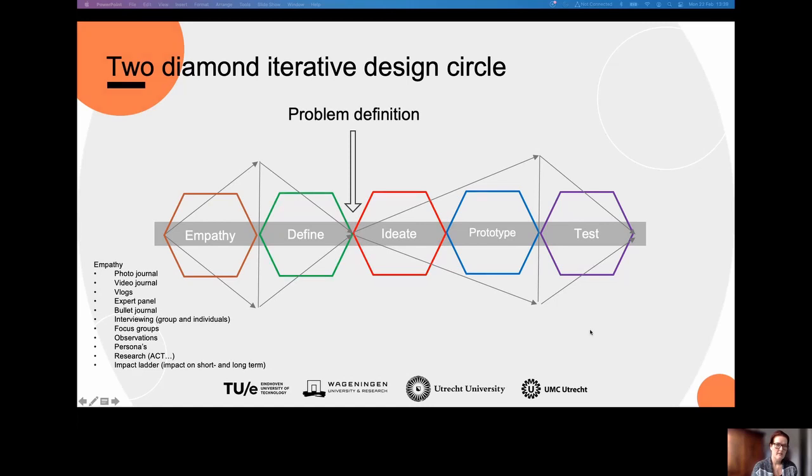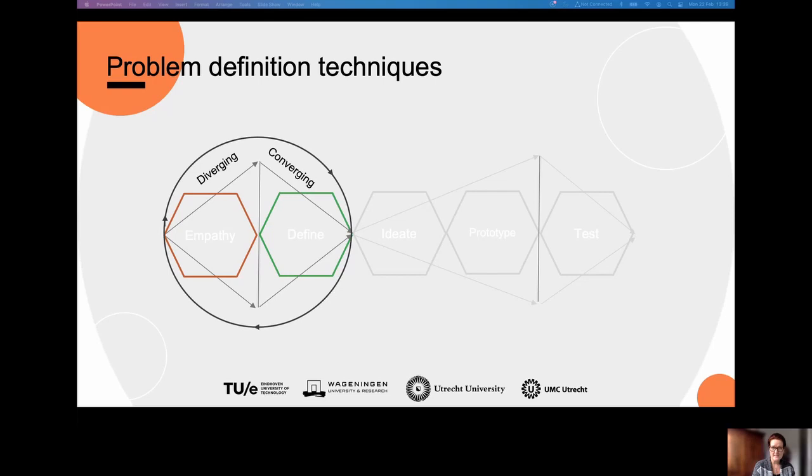And the two-diamond model, as you can see, there's two diamonds. The first diamond is, in fact, the diamond that you have to focus on firstly, of course, but where you can use those problem definition techniques. And what's also very important to say is that this is an iterative process.